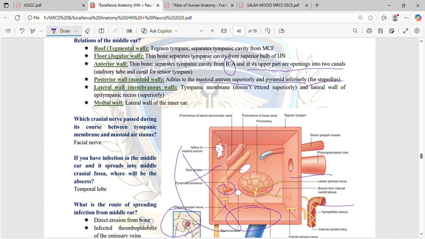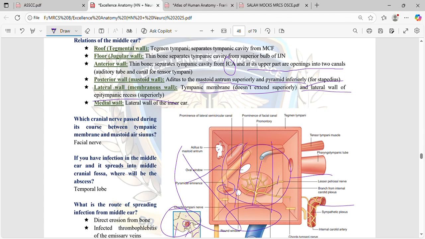The lateral wall is the wall through which you are looking into the middle ear cavity. This is the membranous wall formed by the tympanic membrane, which does not extend superiorly, so superiorly we have the lateral wall of the epitympanic recess.